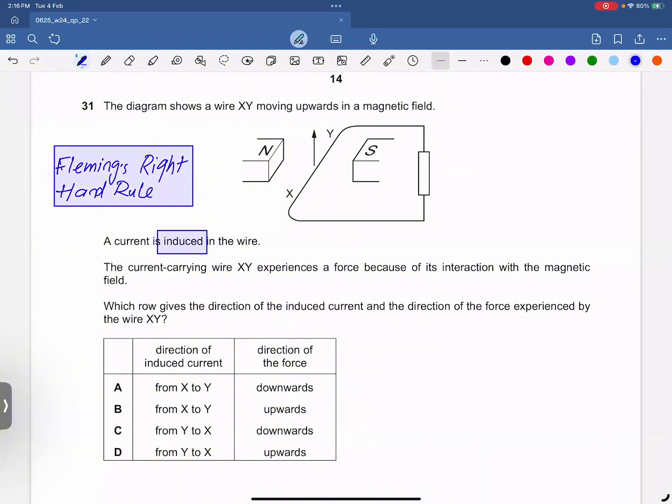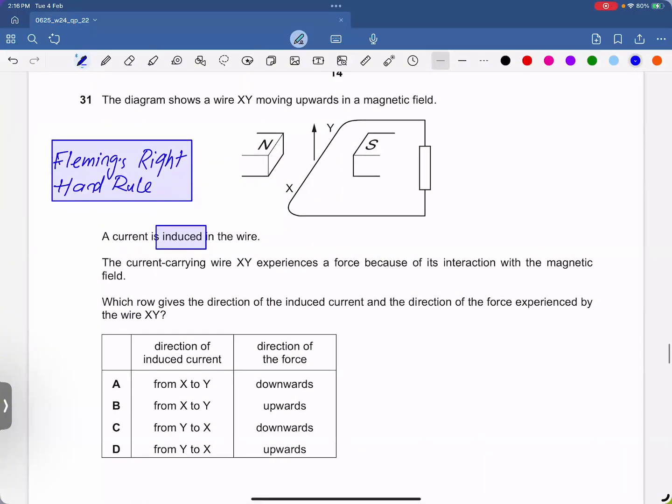Fleming's right hand rule gives the direction of induced current and the direction of force experienced by the wire.